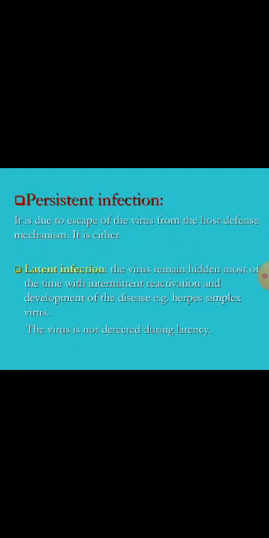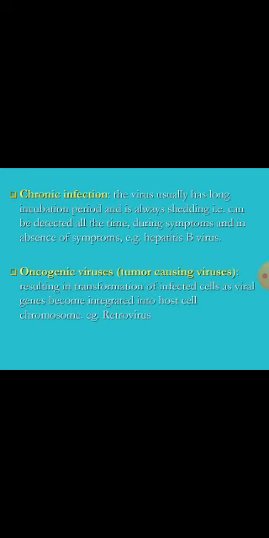The virus is not detected during latency. It's only detected during the reactivation. But in case of chronic infection, the virus usually has a long incubation period, but it is always shed. That means we can detect the virus all the time. Example, hepatitis B virus.